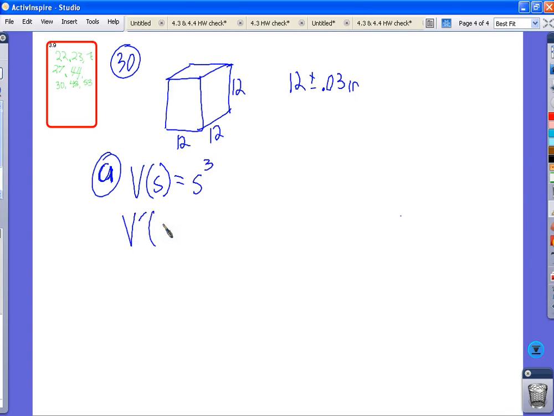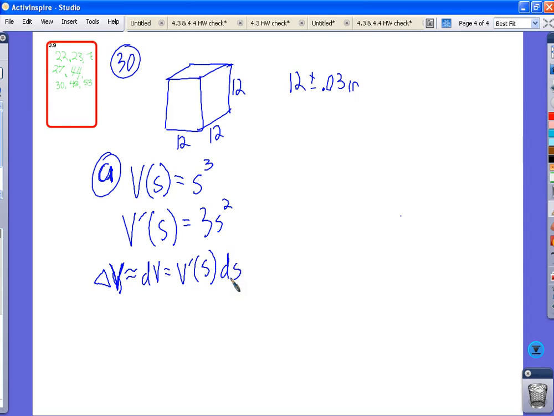The derivative of the volume function is 3s squared. We want to know delta V, which is close to dV, which is equal to V prime of S times ds.